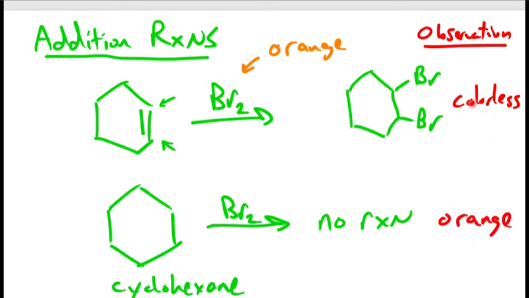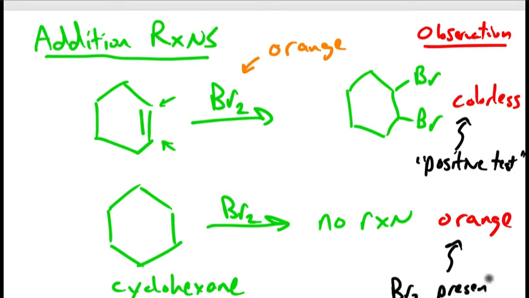The reason why it's colorless is because the bromine is reacting. So the colorless observation is a positive test. Meaning, again, a reaction has taken place, an addition reaction has taken place. Orange solution forms, that means bromine is present. It means no reaction has taken place.